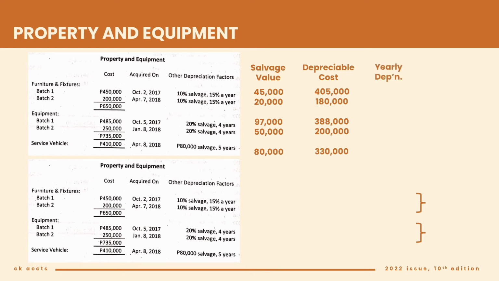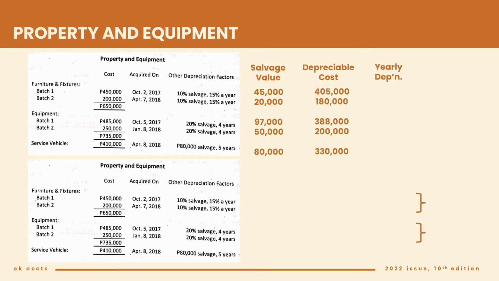Then, for yearly depreciation, sabi dyan, di ba, sa other depreciation factors natin, we have 15% a year na depreciation for property and equipment under furnitures and fixtures. And sa equipment naman, meron siyang useful life, yung dalawang equipment natin na 4 years. Okay? And yung service vehicle naman ay 5 years ang useful life.